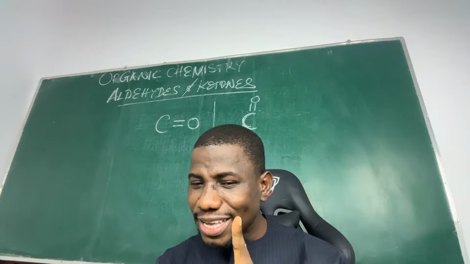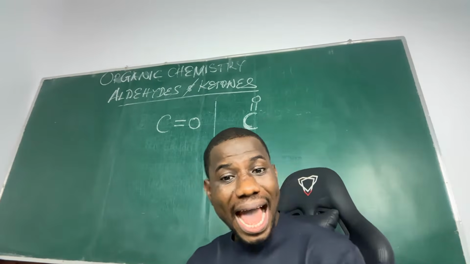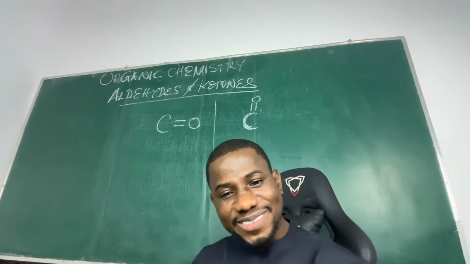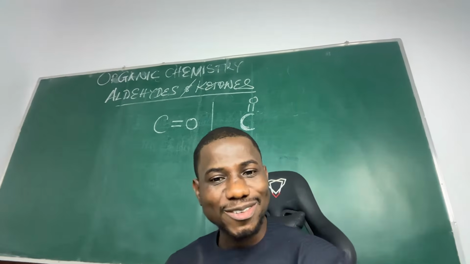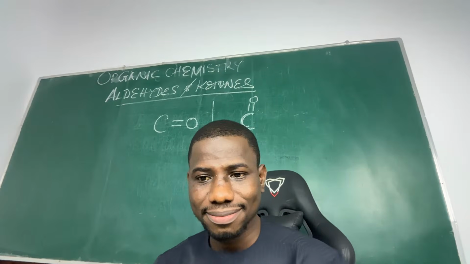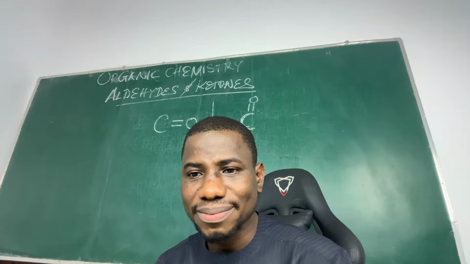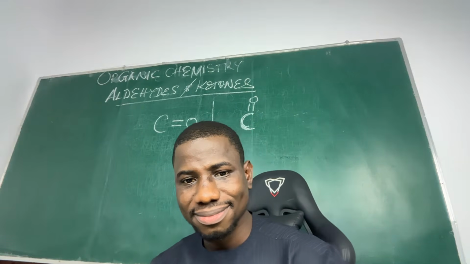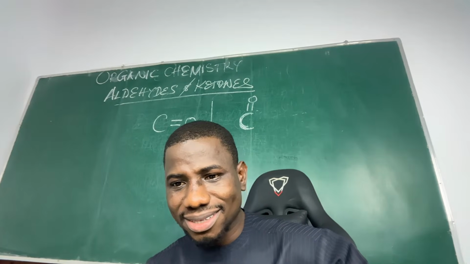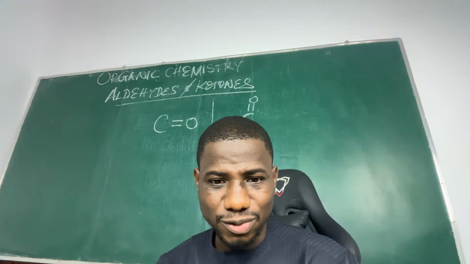Now, this should give you an idea. If I ask you whether aldehydes and ketones are soluble in water, will you say they are soluble or insoluble? They mean the lower members. They are supposed to be polar, not non-polar, please.